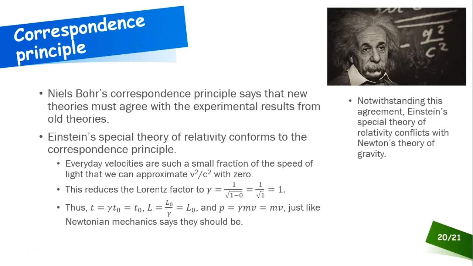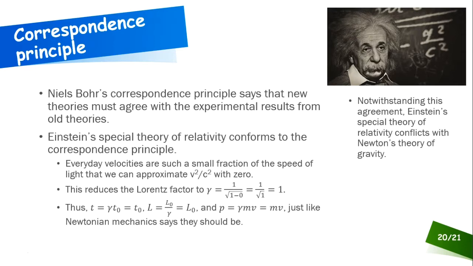So when we're looking at astronomical phenomena, Einstein's theory of relativity will conflict with Newton's theory of gravity. And so that's why Einstein's special theory of relativity is called special and not general, because it only applies in certain situations. It doesn't apply across the board, which a general theory of relativity would.